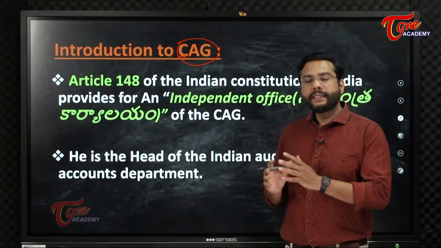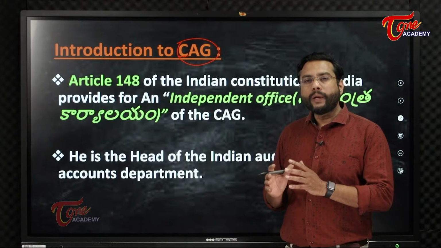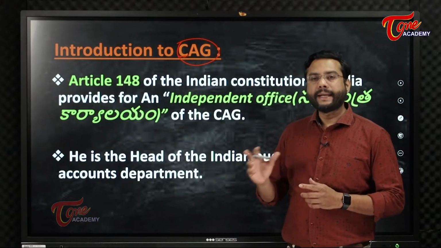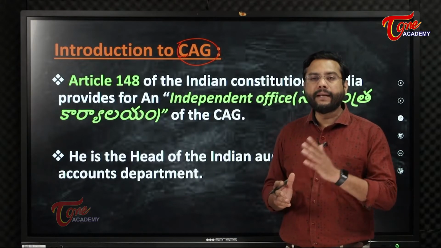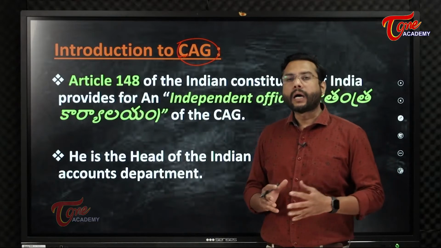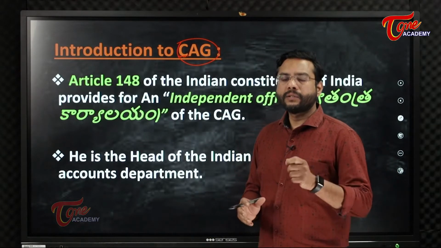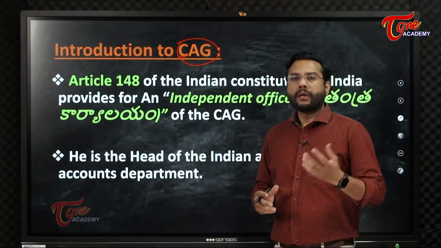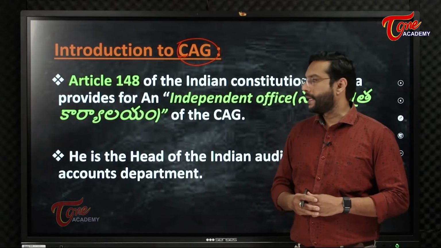And the CAG maintains accounts of only state governments. So, after 1976, the CAG was relieved of the function of maintaining the accounts of the central government. This is one important point. We would be expecting a question on this area.